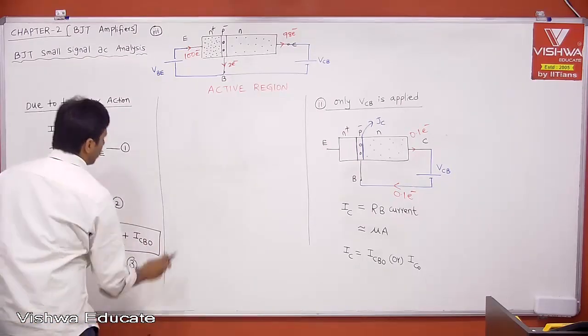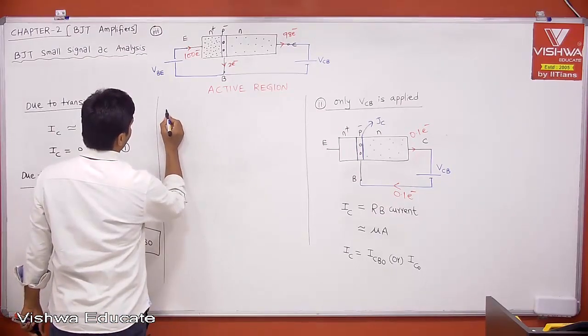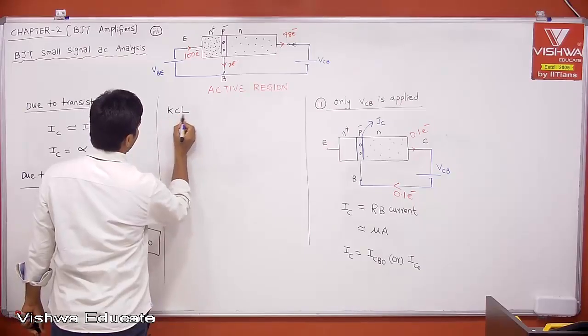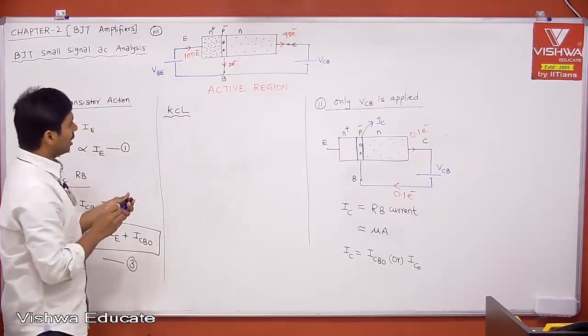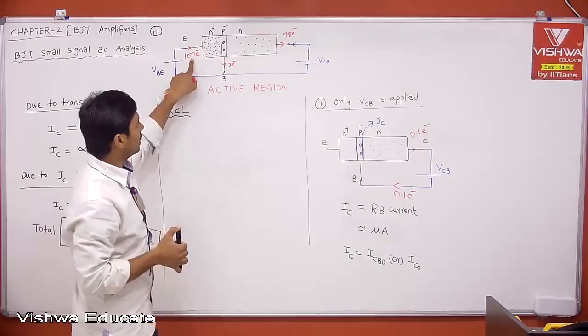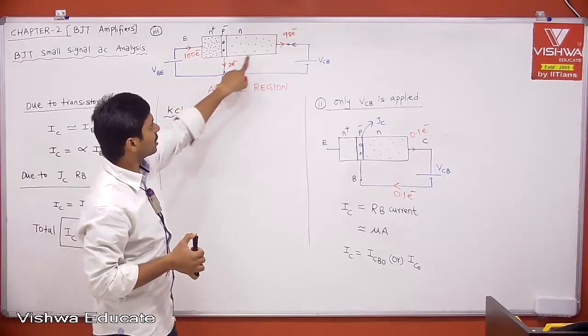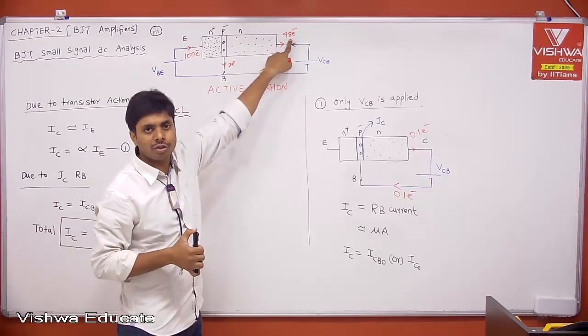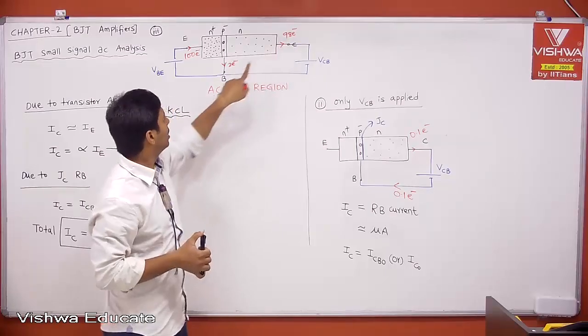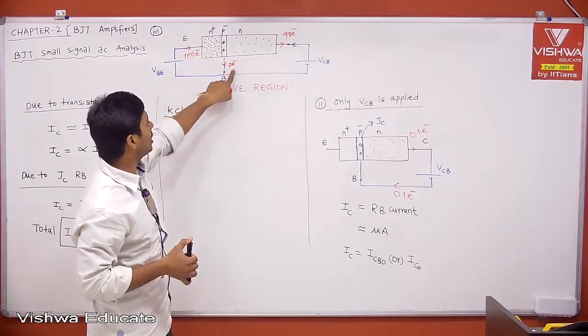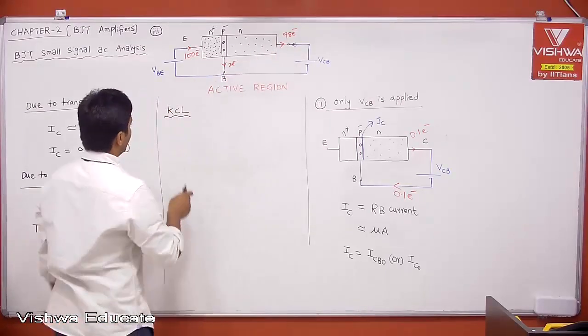Whatever I am explaining here, right? Now tell me, we know KCL. If you write KCL, can I say your emitter current is equal to base current plus collector current? That is due to transistor action. Therefore, what is your emitter current? The emitter current is equal to base current plus collector current. KCL.